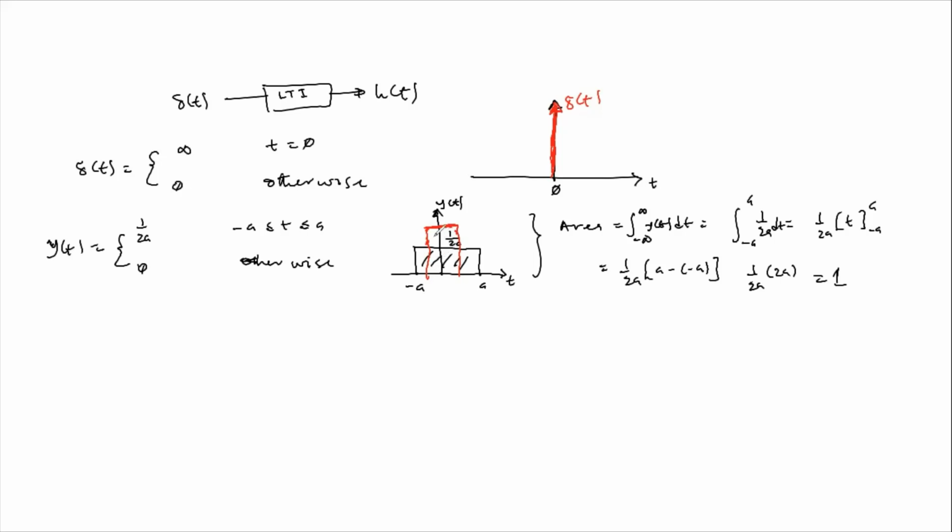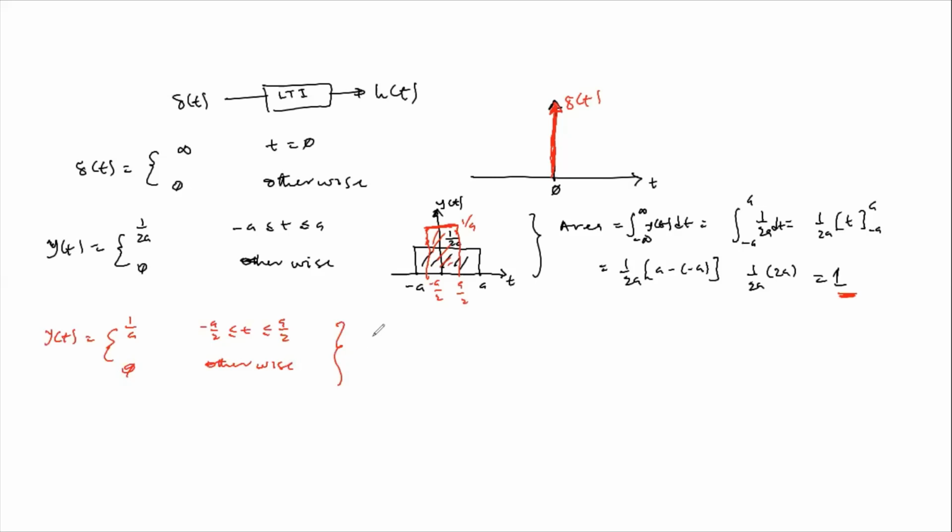So let's assume this part now in red is reduced by half, say minus a over 2 to a over 2, such that we equally get a unity area in this case. So it means that y of t in this case is defined as 1 over a, taking values from minus a over 2 to a over 2, and 0 otherwise.